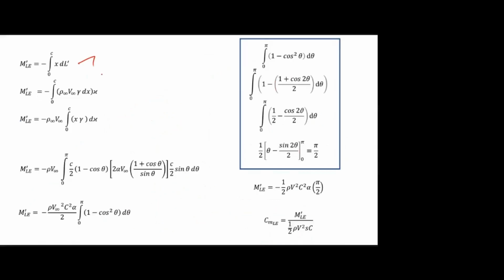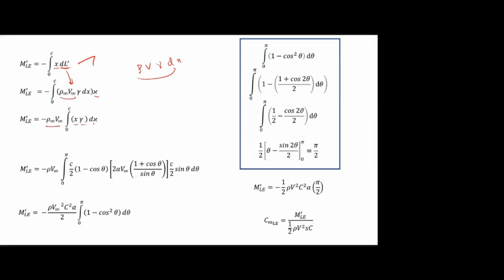Same equation I have done here: the moment created by the complete airfoil. dL' we just now derived, which is rho V d gamma. Instead of d gamma, you take small gamma dx. Substitute here, and this is x. Rho V is constant, take it outside.